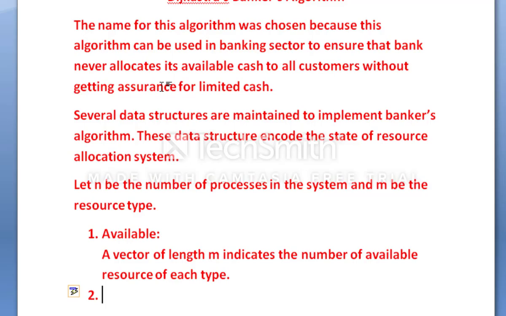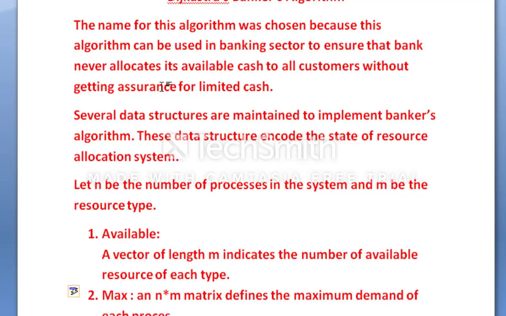The second data structure used in Banker's algorithm is Max. It is an n cross m matrix that defines the maximum demand of each process. Each process has its own demand, maybe some process requires 2 printers, maybe some process requires 4 printers and 1 scanner, right?